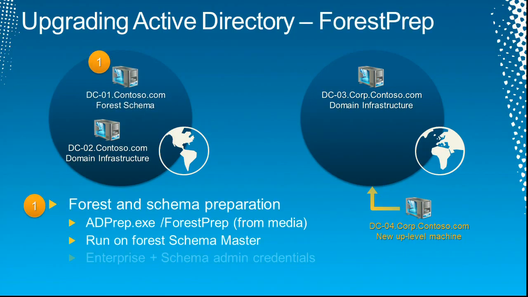The first thing that you need to do is prepare the schema. For that, you will need to run the forest prep process from the adprep.exe binary that comes in the media, not the adprep.exe binary that probably is in system32 in the Win2K3 machine that you are going, for example, to upgrade.